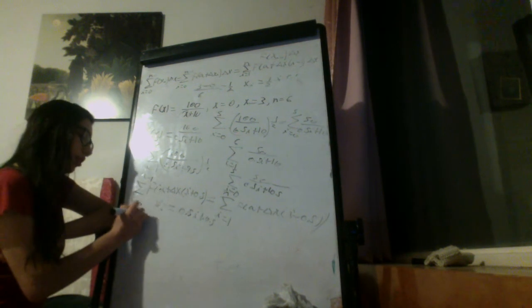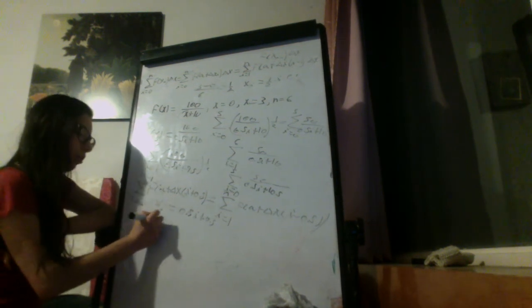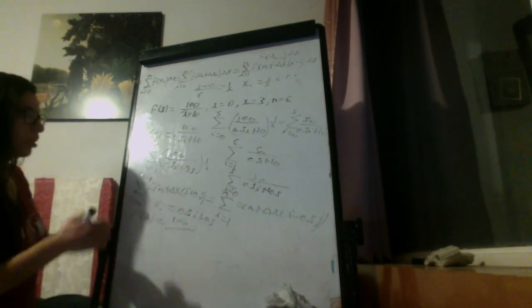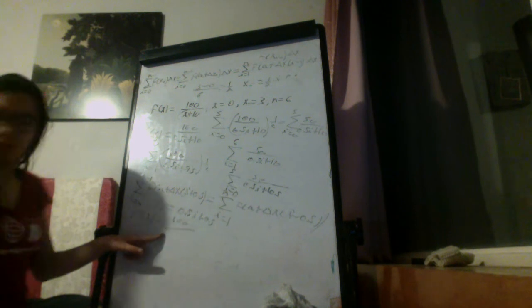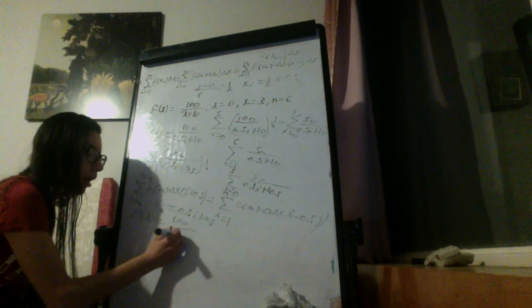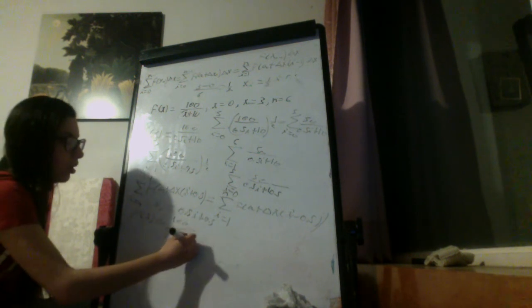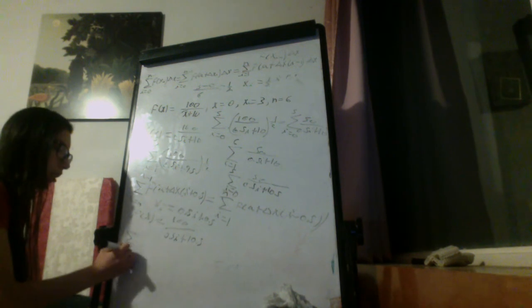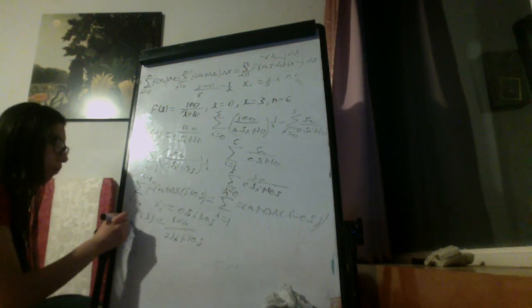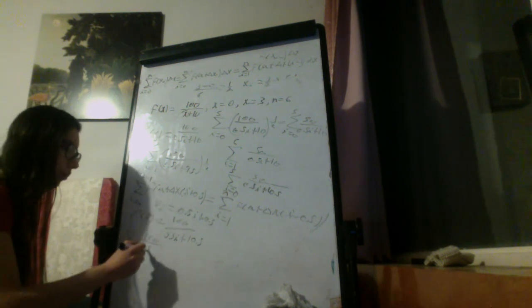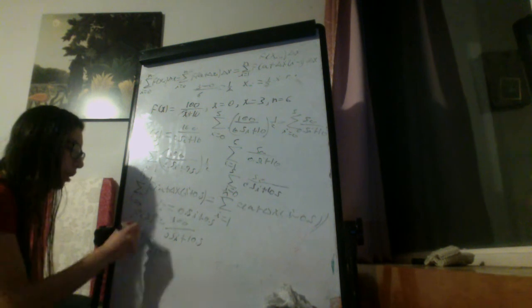So f of x will be 100 divided by 0.5 i plus 10.5. So this will be the summation from i equals 0 to 5 of 100 divided by 0.5 i plus 10.5 times 1/2.